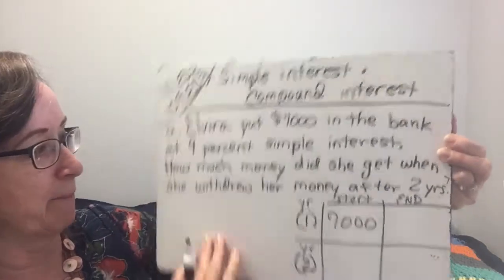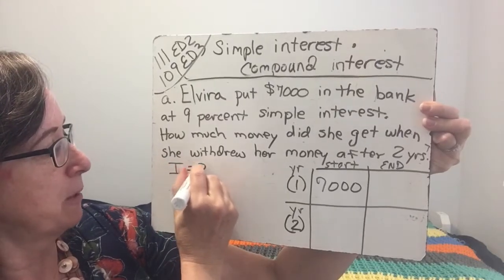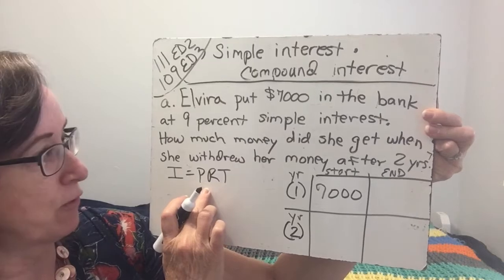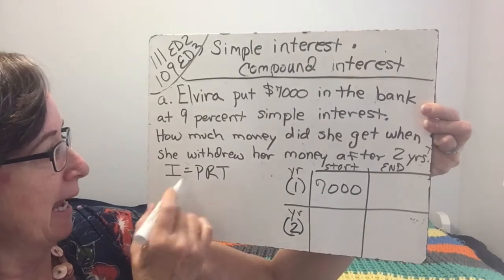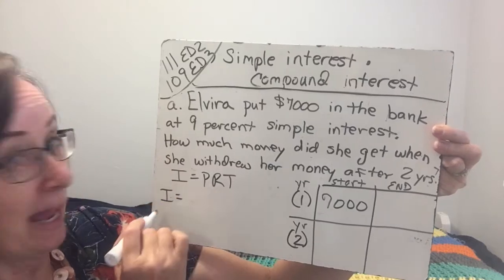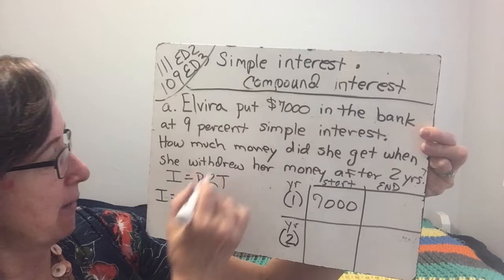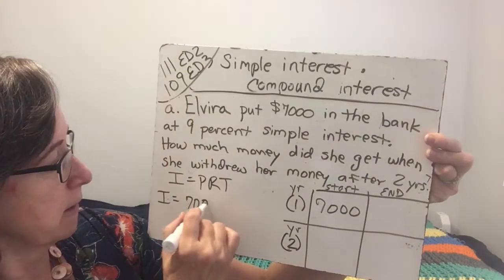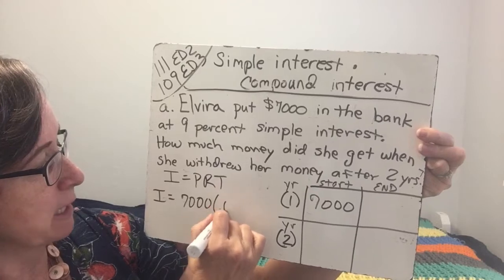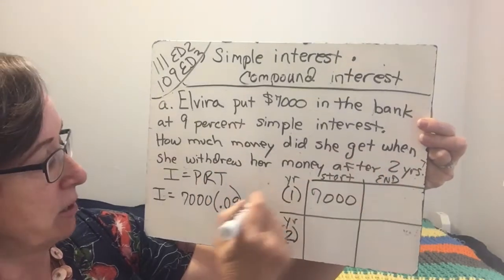So we're going to say interest is principal times rate times time. So we can use this simple interest formula for this one. And we're going to say that her interest after 2 years is the principal, which was $7,000, times the rate, which was 9%. So we're going to write that as 0.09, times the time, which is 2 years.